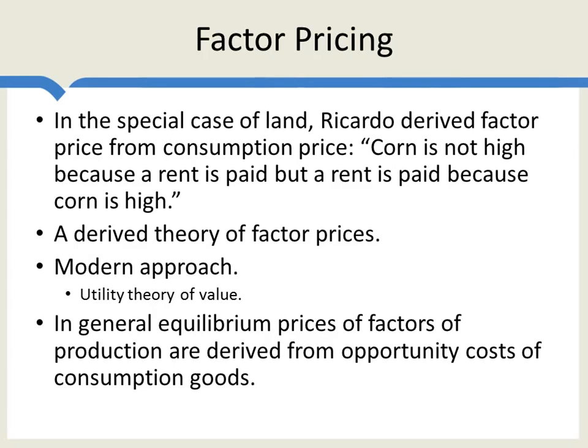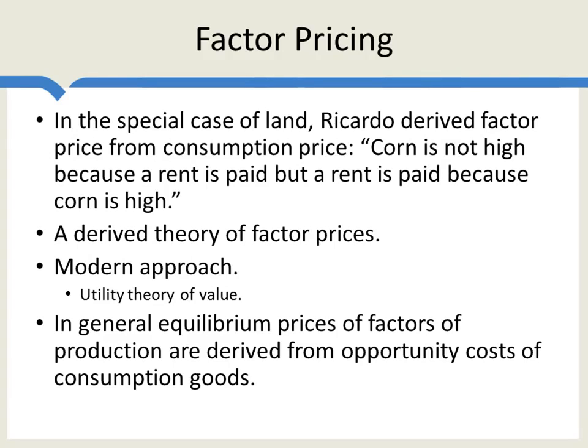So land, labor, capital, these goods don't have costs in and of themselves. They have costs only because moving them from one part of the economy to another part of the economy has an opportunity cost in terms of ultimate consumption. So this generalizes Ricardo in that the prices of consumer goods are expensive, not because in general equilibrium the factors cost a lot.